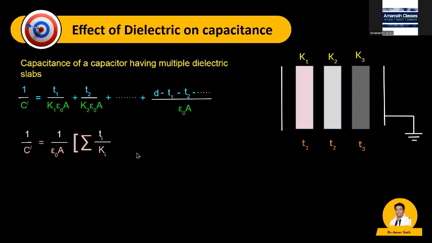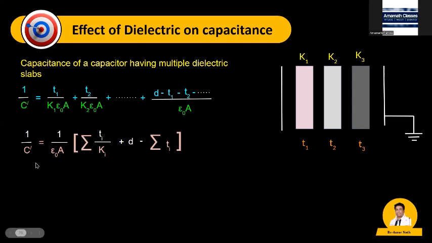It's a real formula. Plus this is D, because epsilon naught A is already taken out. This is only D. Minus, now you can see this is nothing but T1 plus T2 plus T3 up to Tn. It means it is the sum of all Ti, again i from 1 to n. Bracket close. So this is the general format. Sum means just adding all in a discrete way.